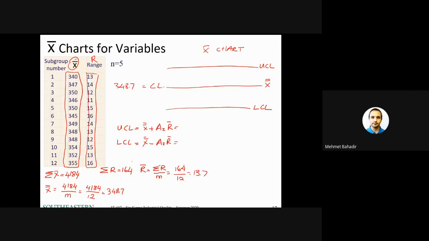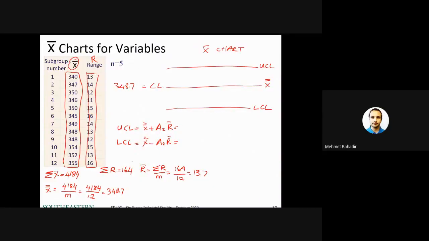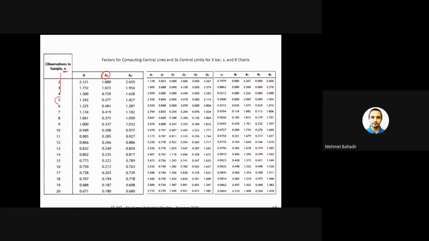The last unknown in these two formulas of upper and lower control is A2. Let's find A2. A2 column is this one. So what we need to know is N. How many individual readings do I have in each subgroup? I have 5 individual readings in each subgroup. So here in this column, 5, here's my A2, and at their intersection, this is my A2 value.